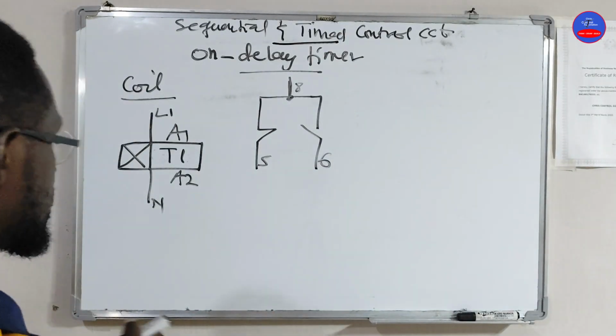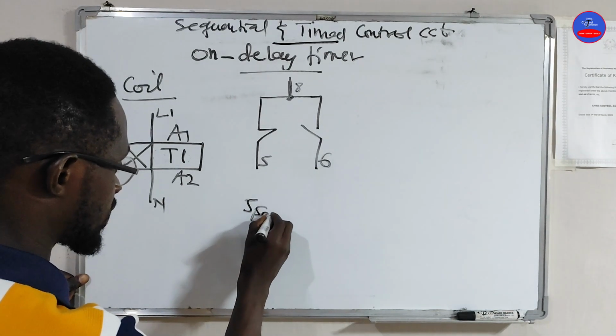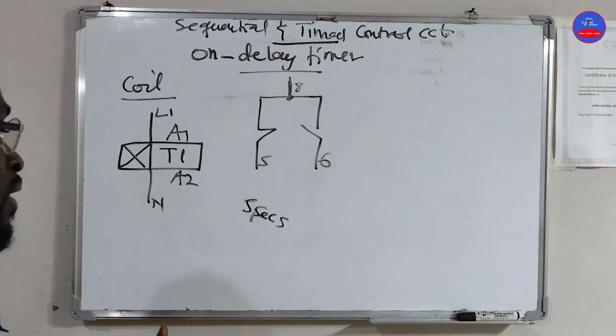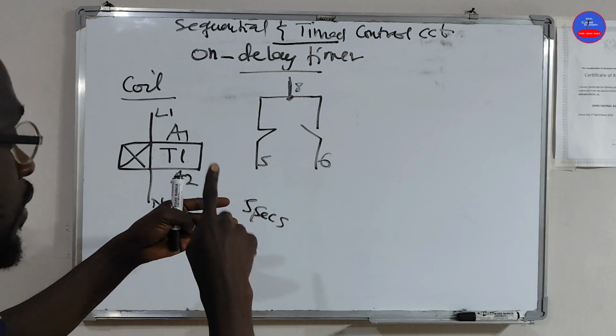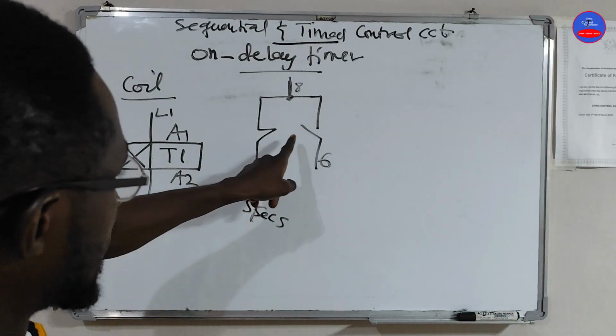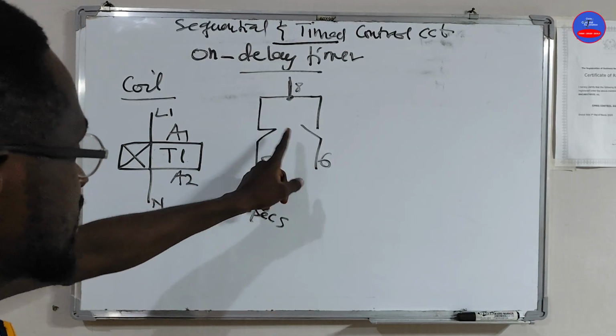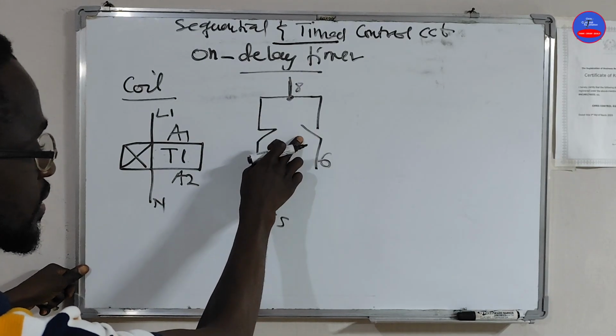Let's assume we set it to 5 seconds. So it will count 1, 2, 3, 4, 5. The moment it gets to 5, the contacts on the timer will change their state. This is the closed section, this is the open section.